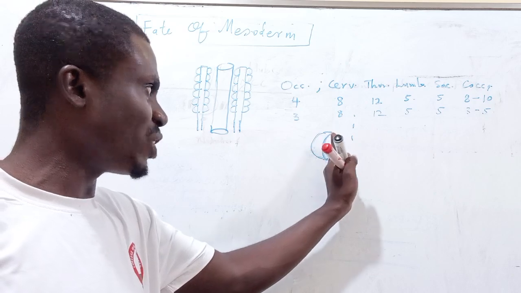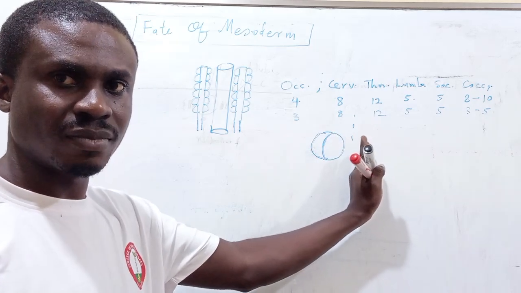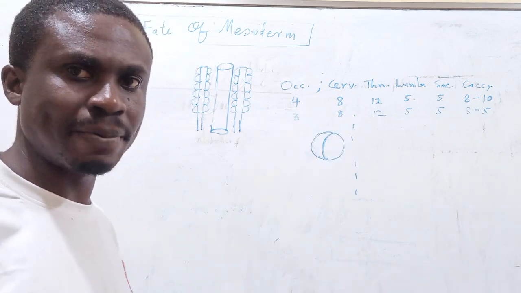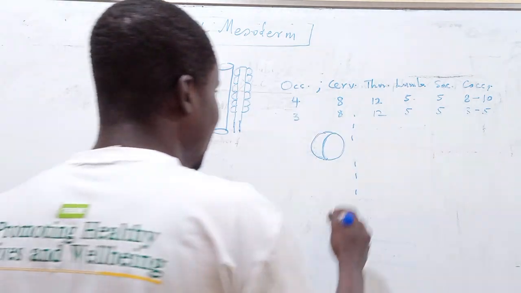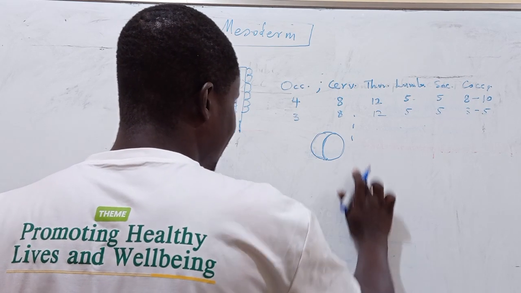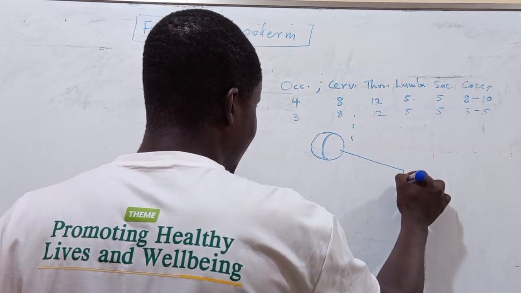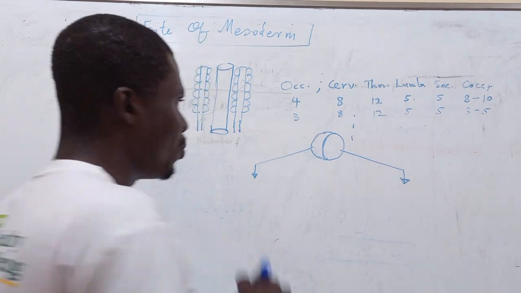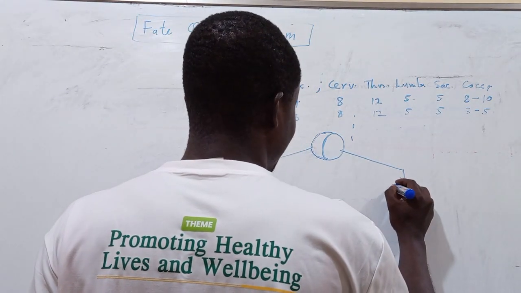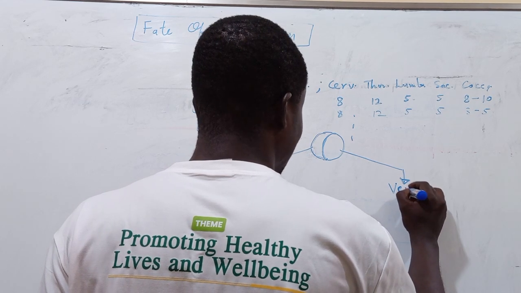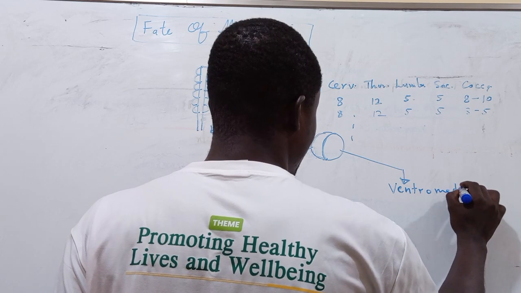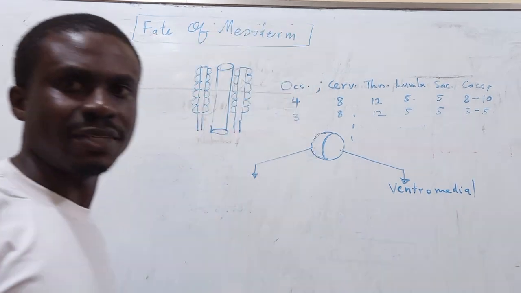For this reason, this portion becomes medial and it's also in front. Let's say we are taking an anterior view. So this portion of the somite will be called the ventromedial portion of the somite.